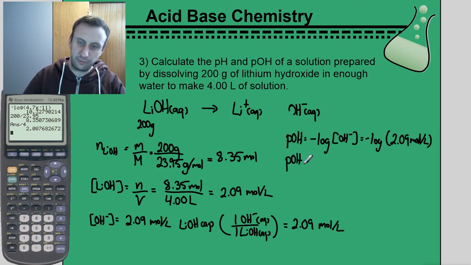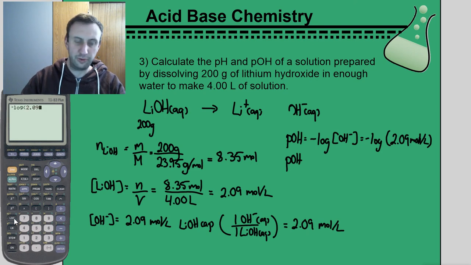And now I can figure out from that my pOH. So let's plug that into the calculator here. I have negative log of 2.09, and that equals negative 0.320. I have 3 decimal places because I'm dealing with 3 sig digs in this question. So 0.320 is my answer for pOH.